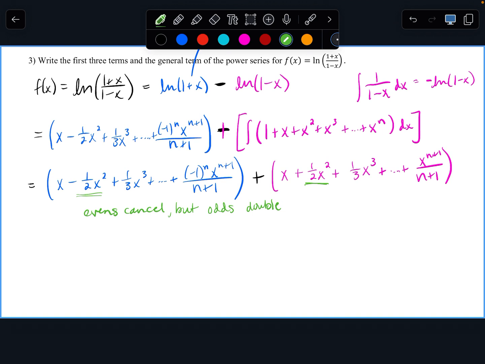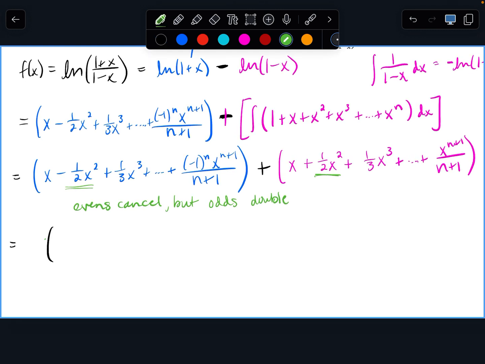So they'd all double. Now the general term we're just not going to look at right now. We'll figure that out later. So we're going to have to double the odd ones. So I'm going to put a 2. And the odd ones are x, the 1/3.